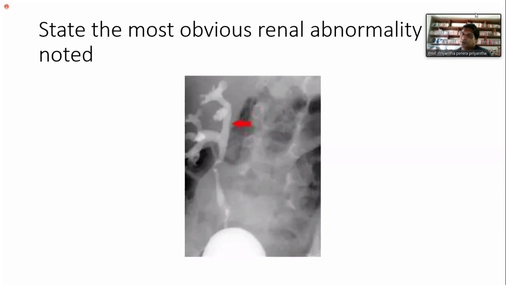So this is the MCUG again. What is the most obvious renal abnormality here?